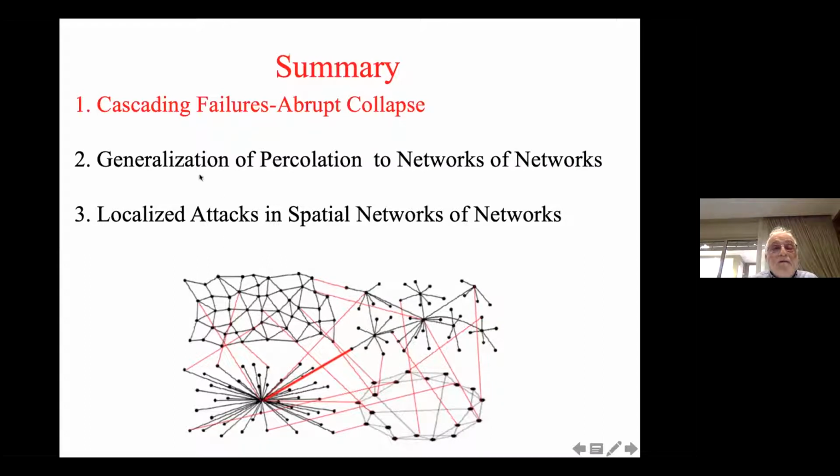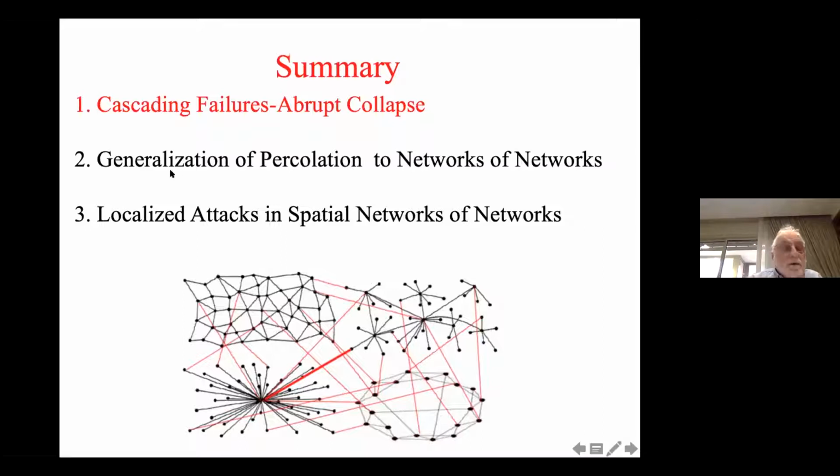And I will show you it's a very natural generalization of percolation to network of networks. Instead of studying one single system, we can study networks with the same tool. It means what we studied was only a specific case of a single network. But when you have networks of networks that depend on each other, the formulation is more general, and it includes as a specific case the single network.